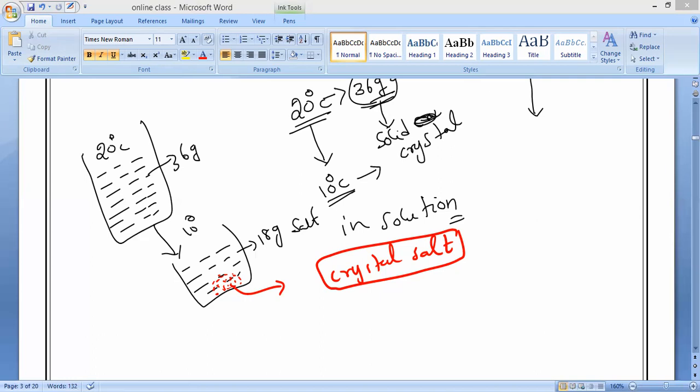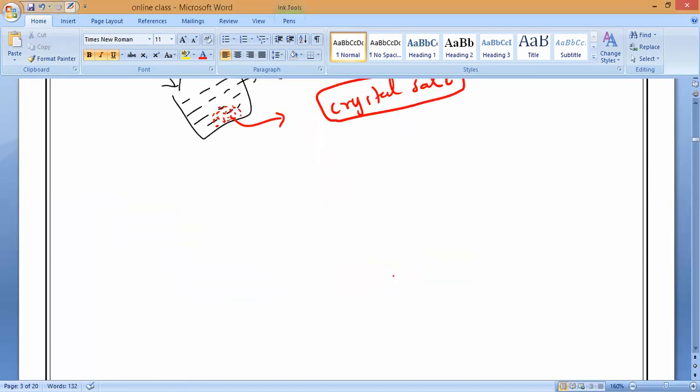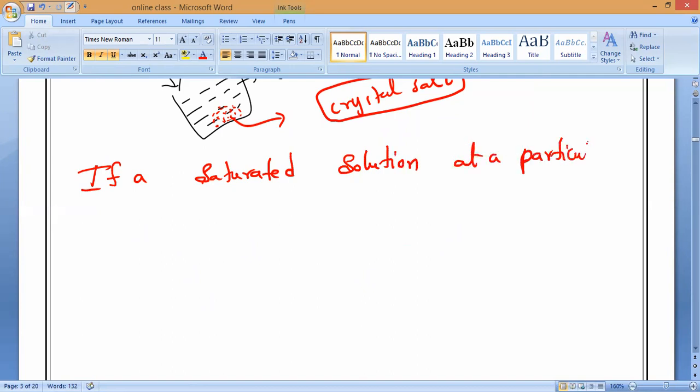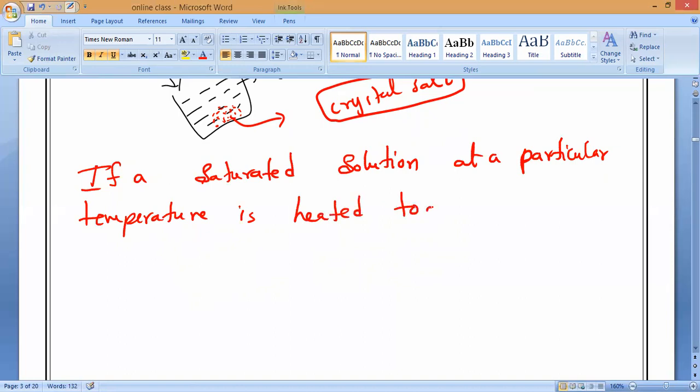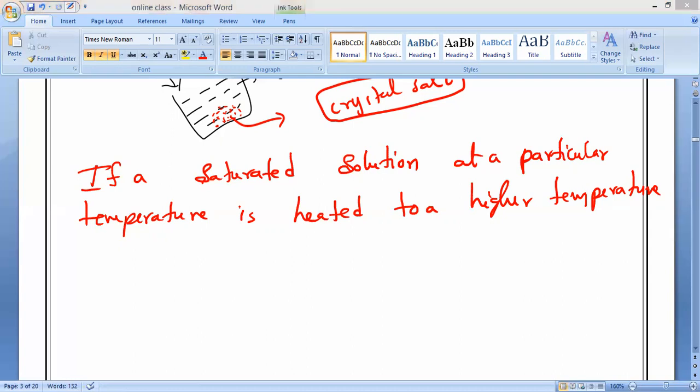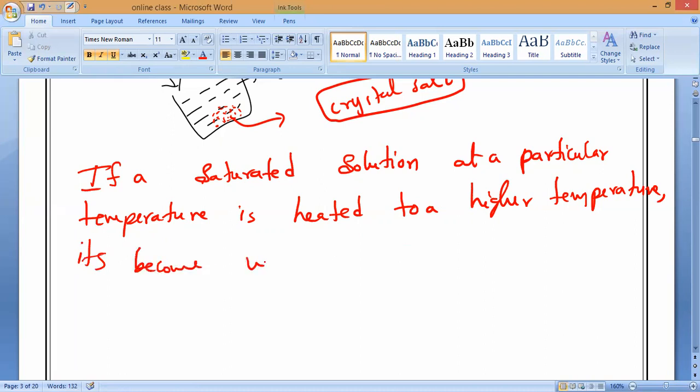If a saturated solution at a particular temperature is heated to a higher temperature, does solubility increase or decrease? Increases. It becomes unsaturated.